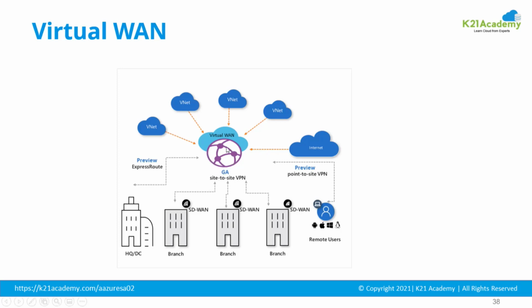That WAN will act as the connectivity and the join. Then this VNet can talk to this branch, or this VNet can talk to that branch, and it can also connect to all those connected to this central virtual WAN. So this virtual WAN will act as an interface, and all these networks can talk to all these sites, or these sites can talk to each other, and so on.